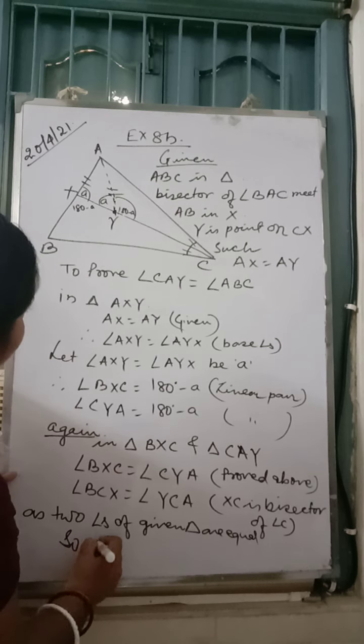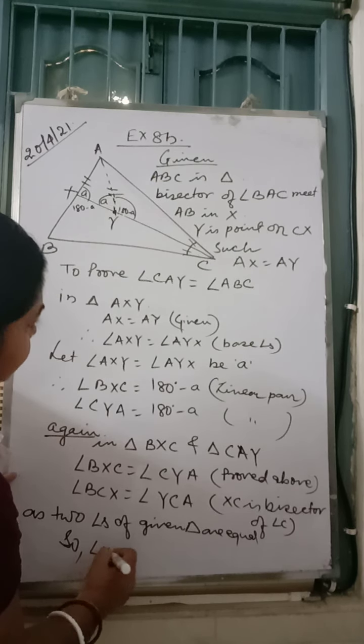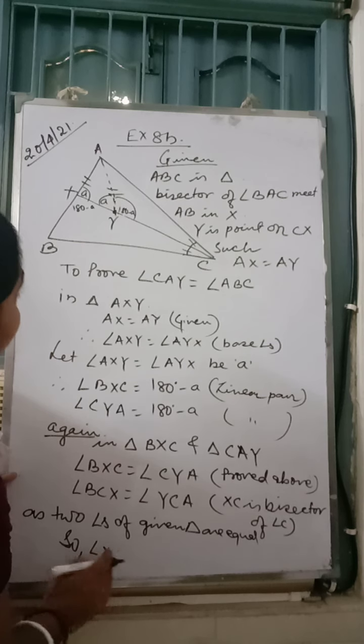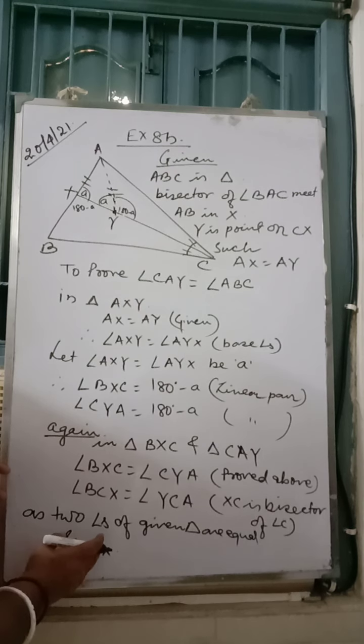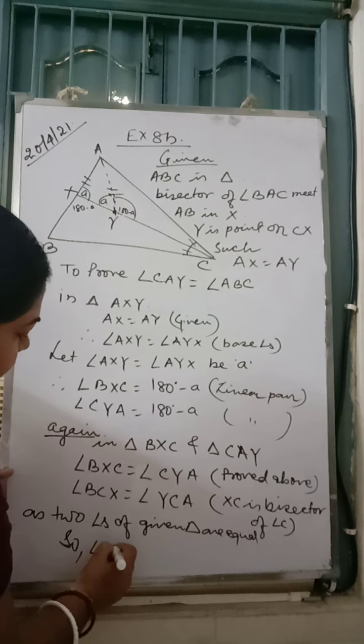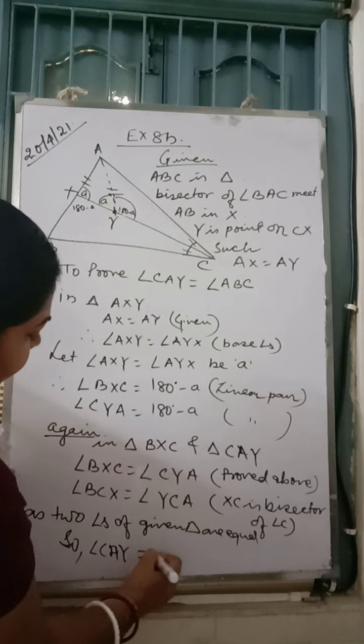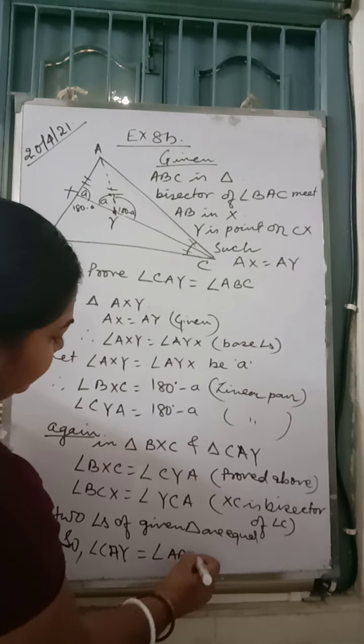So angle CAY will be equal to angle ABC. Proved.